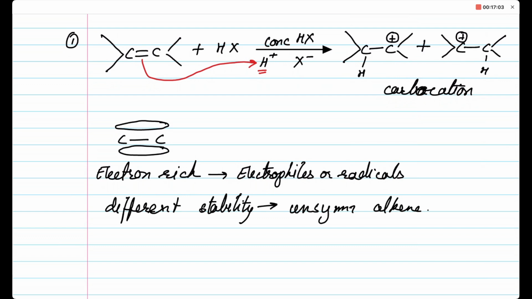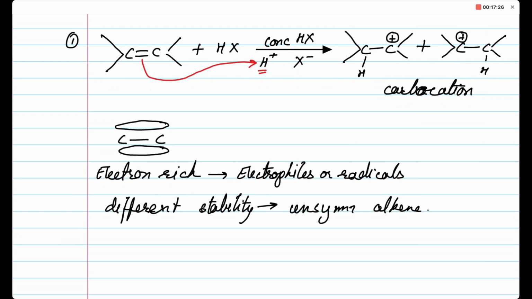That would simply mean that if we have two different carbocations being formed, then the more stable carbocation would be more easily formed. It will be the major thing in the reaction mixture. And so, obviously, when the product is formed, the major product would be formed from the more stable carbocation.